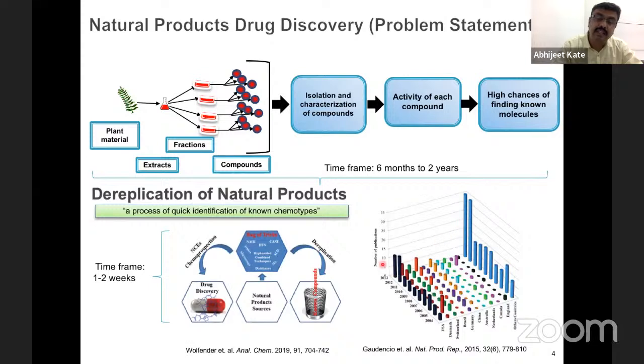As you can see, in 12 and 13, the number of publications on de-replication was almost double that of previous years. So you can see there was very good acceptance of this particular methodology in the scientific area. And that is what I wanted to highlight to all of you, how we are doing it here in our labs and how that has helped us, I would say, to improve the process.